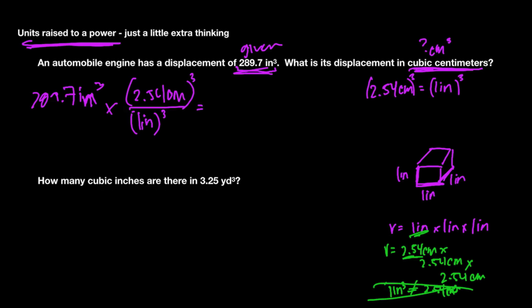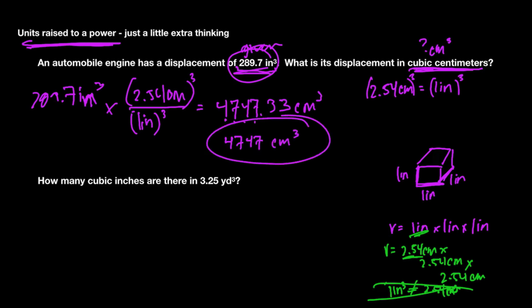Then we'll take that times our 289.7 to come up with our actual answer, which would be 47 and change centimeters cubed. We're going to round it to what? 4 sig figs. So 4747 centimeters cubed as our final answer.